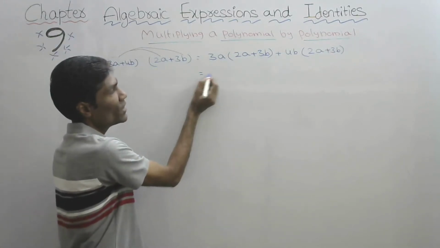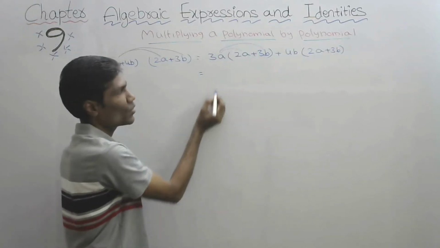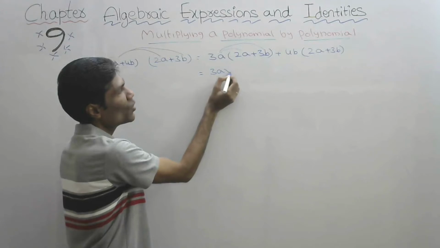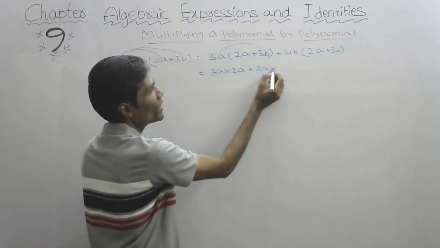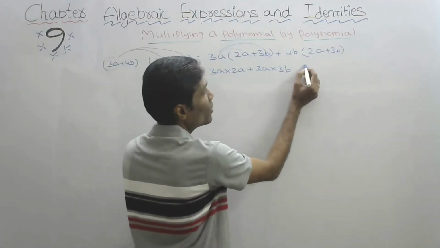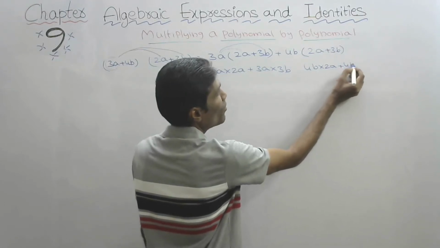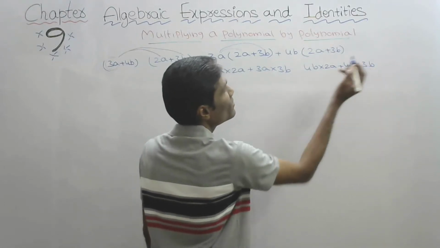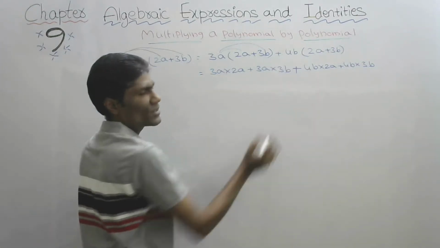Now this we have already seen. Multiplying these two and multiplying these two. 3a into 2a plus 3a into 3b. Then next coming to this one, 4b into 2a plus 4b into 3b.